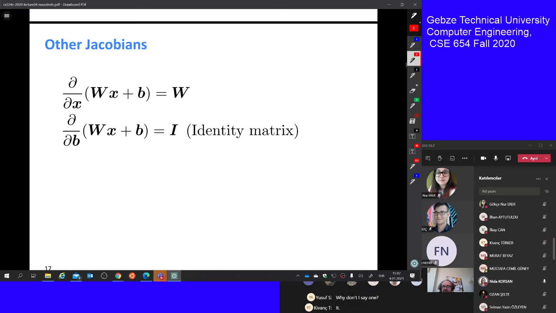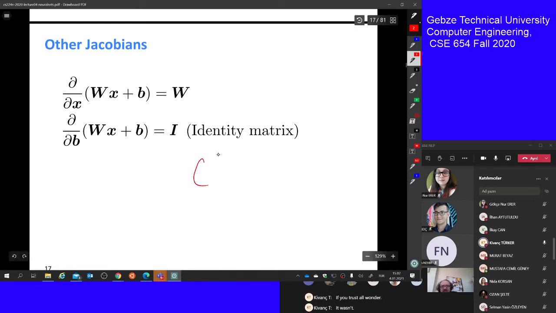I'm not sure. B can be anything other than 1, and it's diagonal. B can be what again, Kıvanç? B can be other than 1 if it was all 1, but it wasn't.